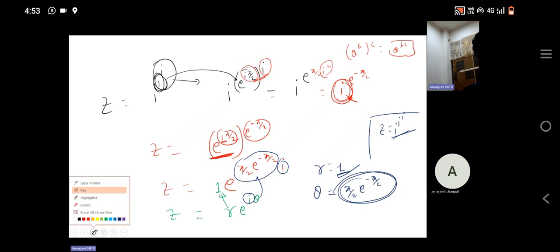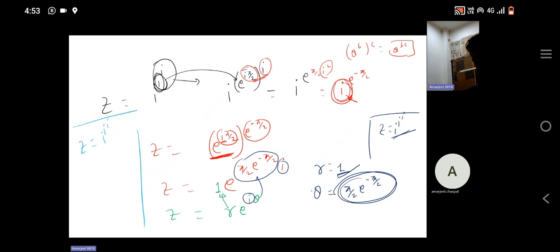A student generally can make a small mistake here. The question was given as z is equal to iota to the power iota, and I reached this last expression. Well, I started from the upper part.